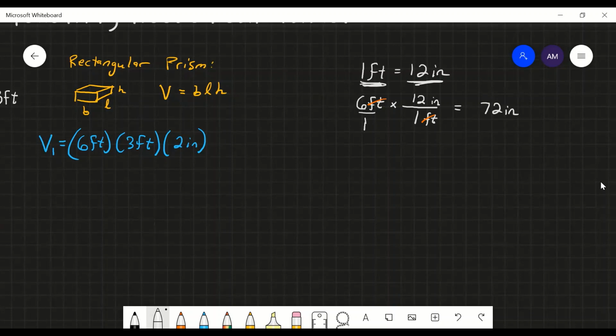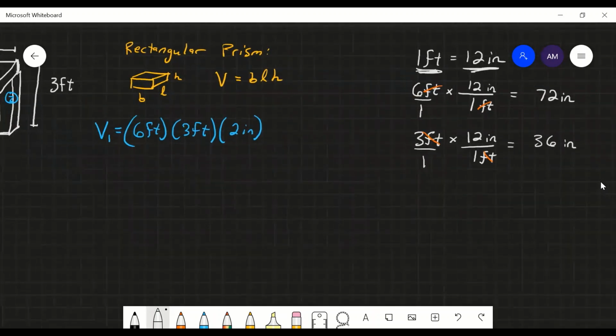The same can be done with the 3 feet. So we realize it's going to be times 12 inches over 1 foot. The feet cancel. 3 times 12 is 36 inches. So let's go ahead and make that change in our calculation.